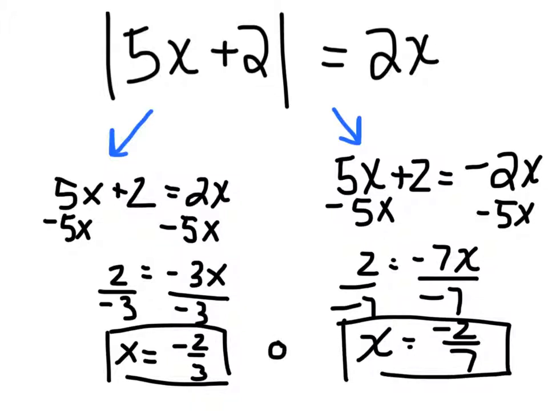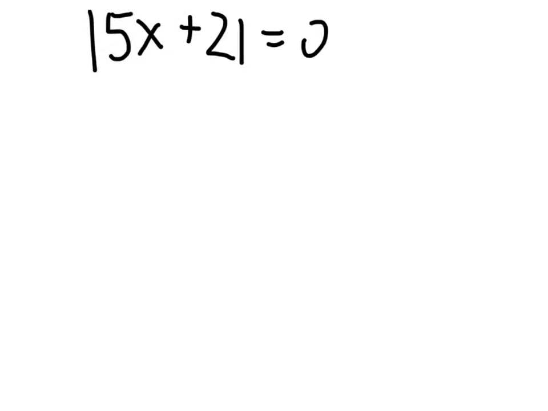So, to check and see if these are in fact solutions to this equation, I need to plug them in to the equation itself. So I'm going to take the absolute value of 5x plus 2 is equal to 2x and check for each solution.